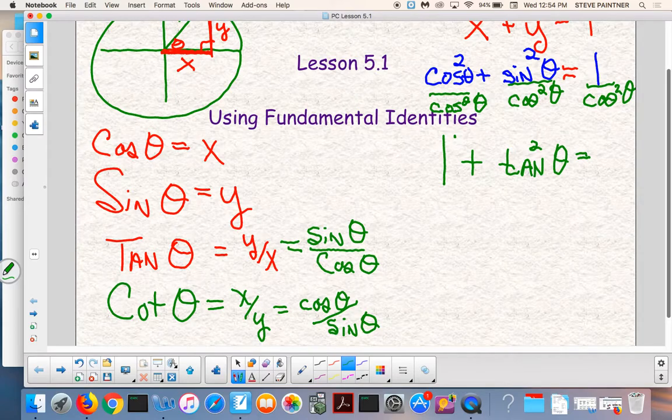Now, one thing I didn't say is the reciprocal functions. I never talked about them, but I think most of you know the reciprocal of sine, cosine, tangent. So if I say 1 over cosine, that's the same as what? Secant. But it's squared, so it's going to be secant squared.